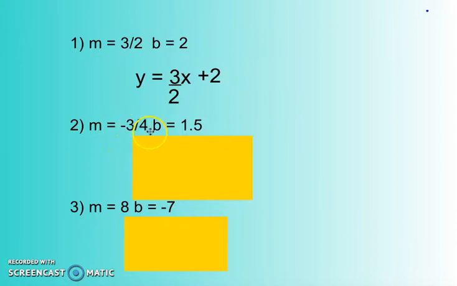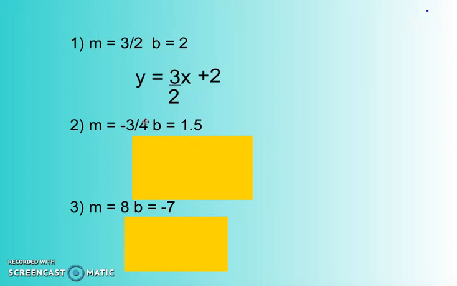We have negative 3/4 and 1.5. Now the y-intercept can be a decimal. It can be a mixed number. We just don't see the slope as a decimal or as a mixed number.